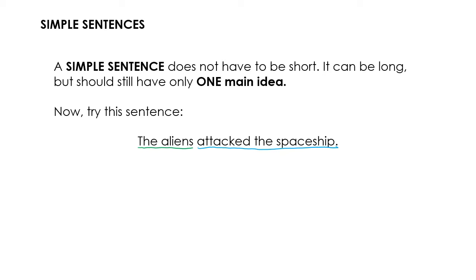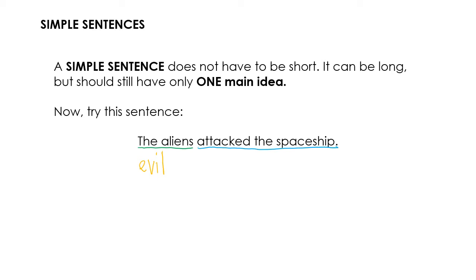Now, we've already used slimy and green to describe what the aliens looked like. Here, they're attacking something. So let's use a different type of adjective. Who attacks? We could have a word like evil or warlike. The evil aliens attacked the spaceship. How did they attack it?